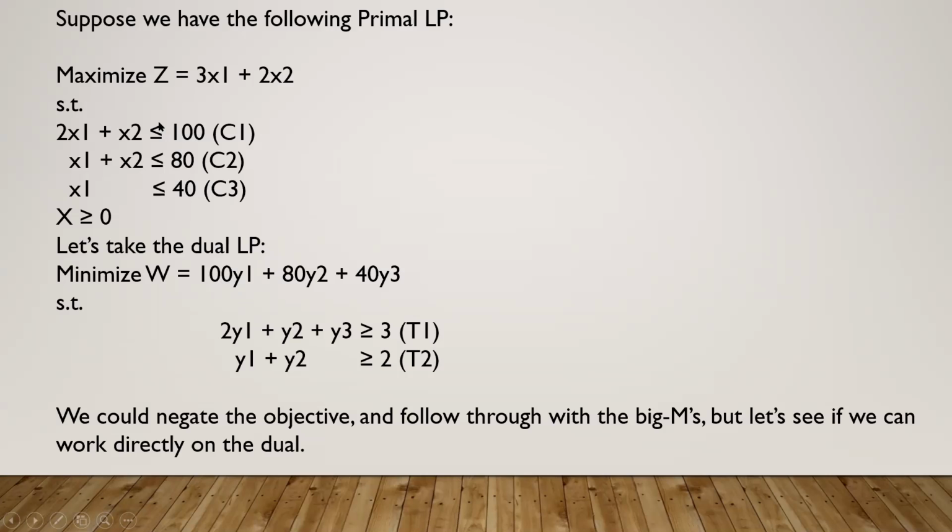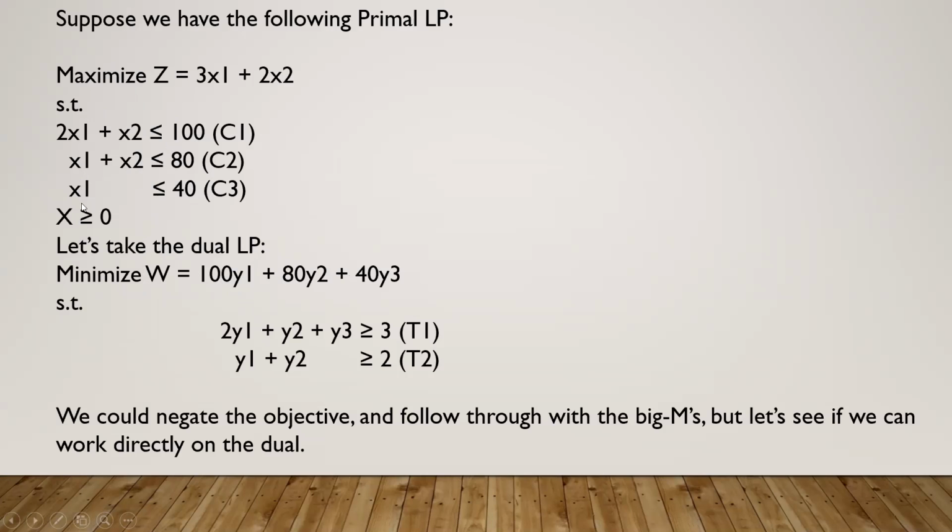Make sure this is the same sign over here, so it should always be less or equal. If it's more or equal, you change it to less or equal, then multiply this one by negative to make your solution consistent. Then the first constraint for your dual problem will be taken from the columns.